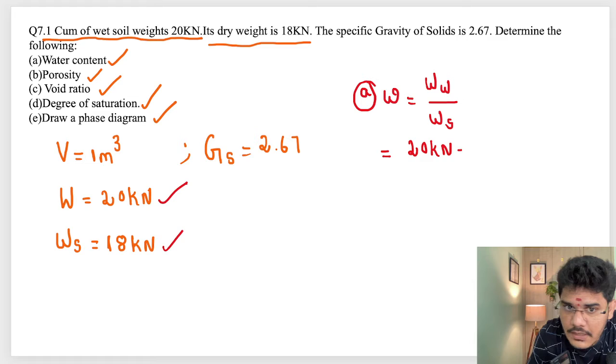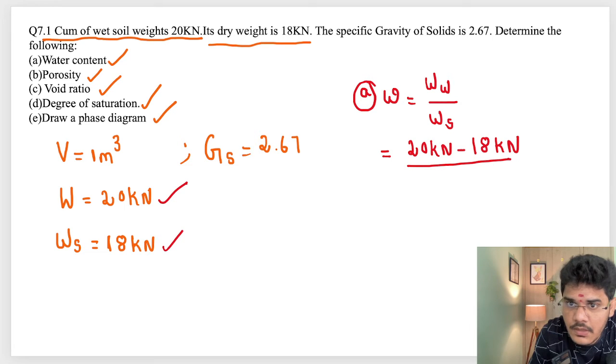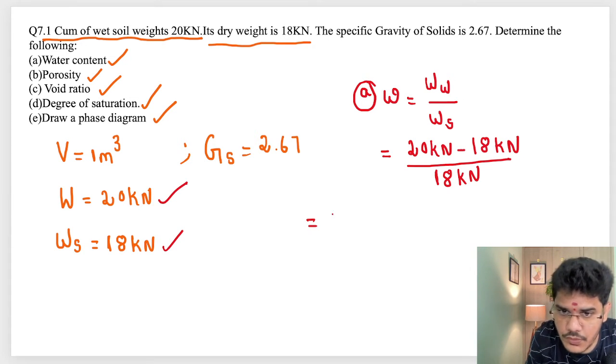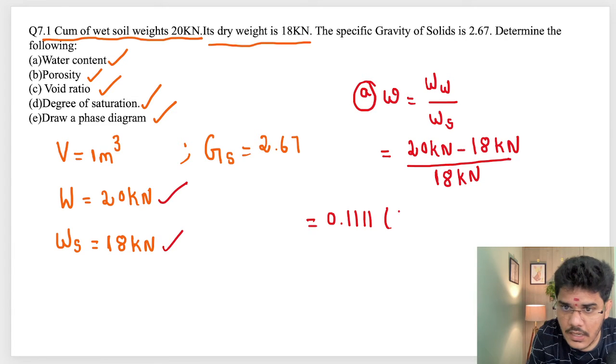20 kilonewton minus 18 kilonewton. This is the total weight, divided by the weight of solids, which is 18 kilonewton. So this is nothing but 2 by 18, which is 0.1111, that is 11.11 percentage.